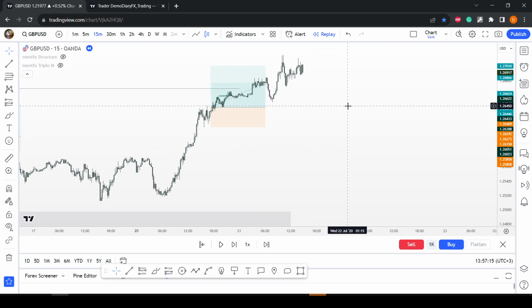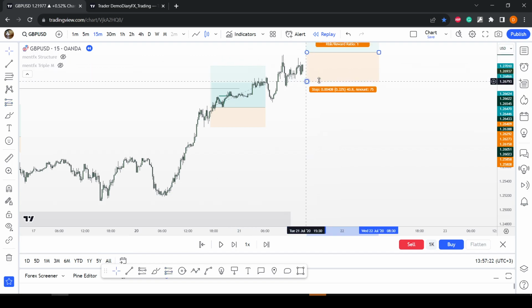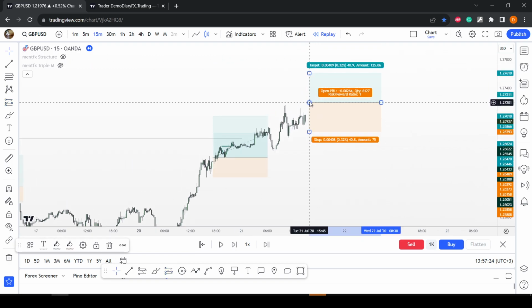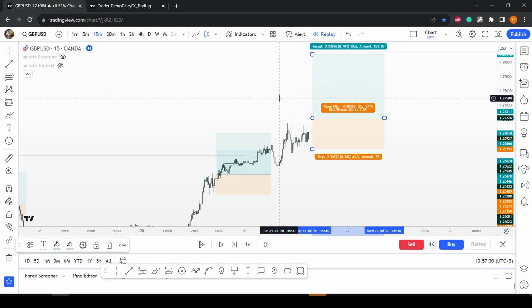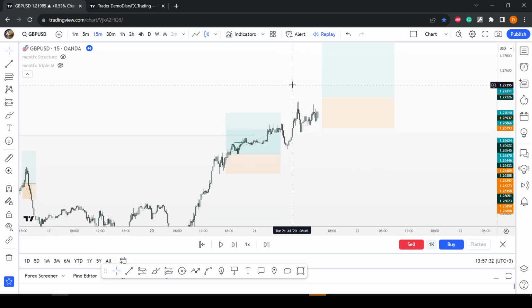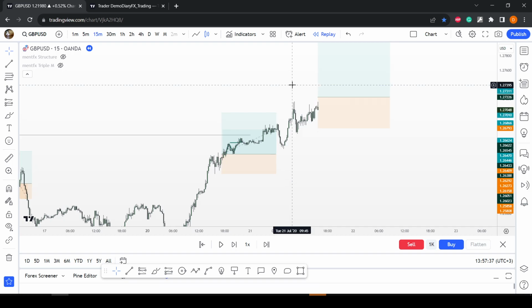I mean, if it wants to go, let's give it a chance, of course. So we can say that this is our buy stop, and if we break all the way here, we can enter and we will have our target below the daily high. But other than that, I don't see anything.